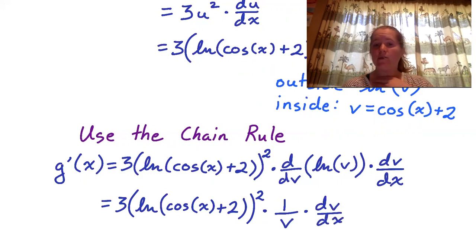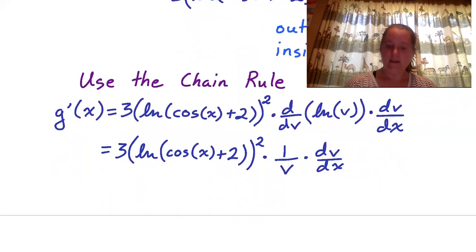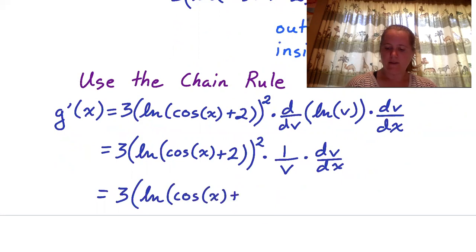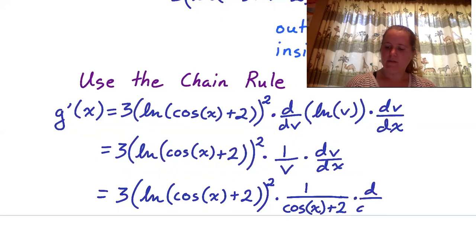Well, v was cosine of x plus 2, so we can go ahead and plug that back in. We have 3 times the natural log of cosine of x plus 2, the whole natural log squared, times 1 over cosine of x plus 2, times the derivative with respect to x of cosine of x plus 2.